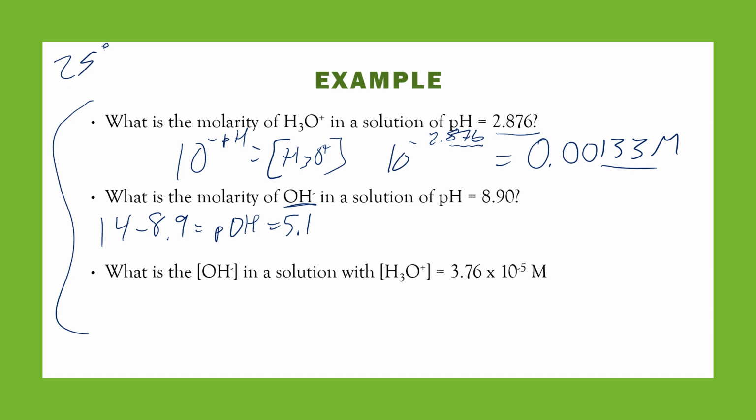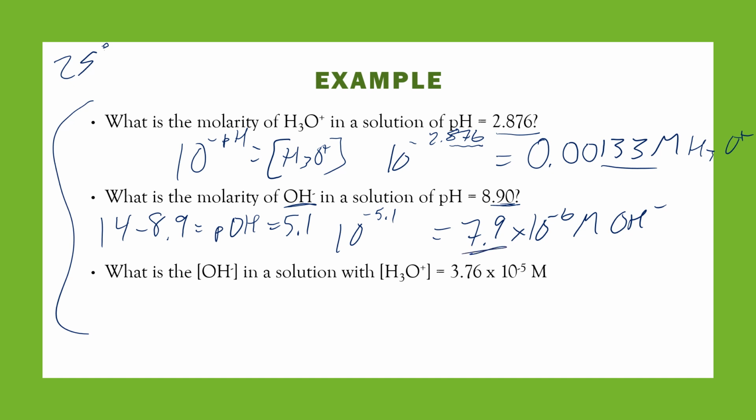And then you will do 10 to the negative pOH, or 10 to the negative 5.1, which will give us a base concentration, or an OH- concentration, of 7.9 times 10 to the negative 6 molar OH-. Okay, and again, we had 2 decimal places in our original pH, so 2 sig figs in our answer.